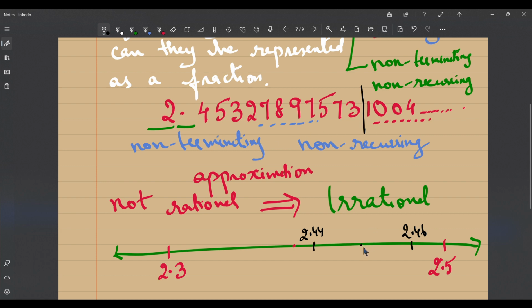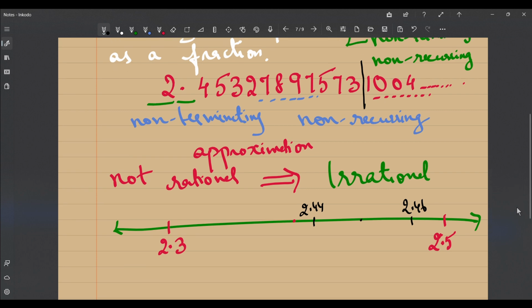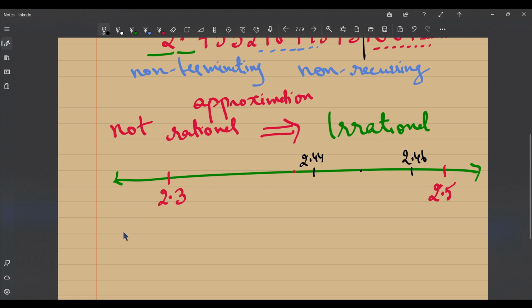Of course there is a place for this decimal in the number line, just like your other two decimals, the terminating and the non-terminating recurring ones. This also has a place in the number line, and hence it falls under the real number category. Irrational numbers are also real numbers.